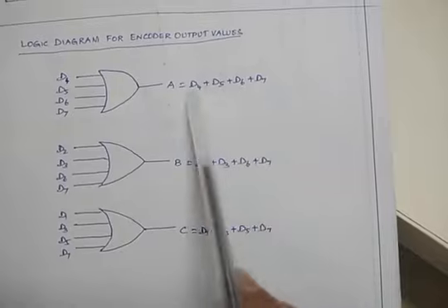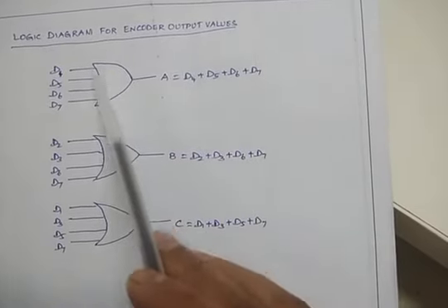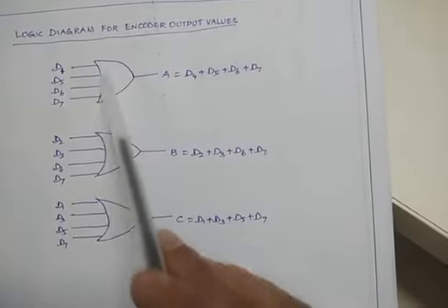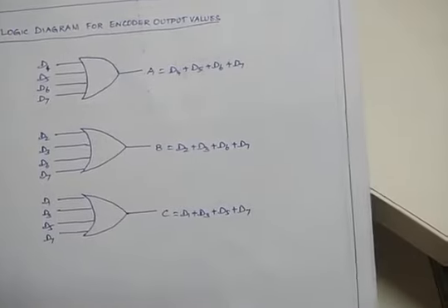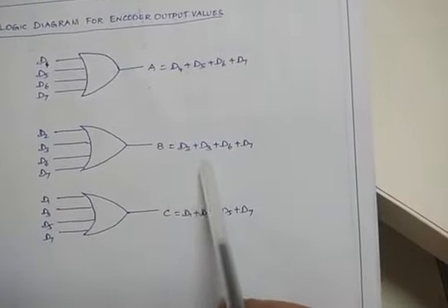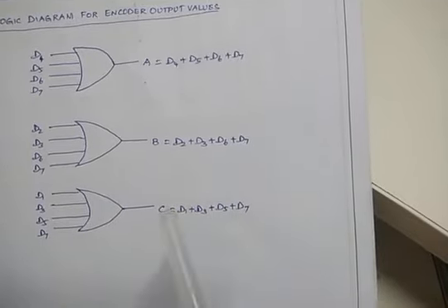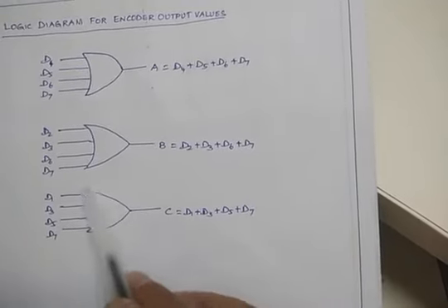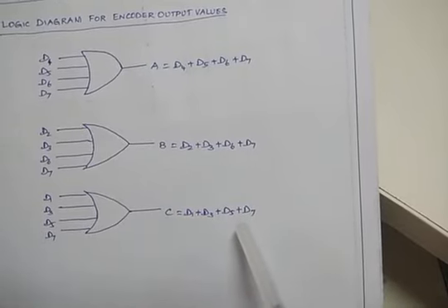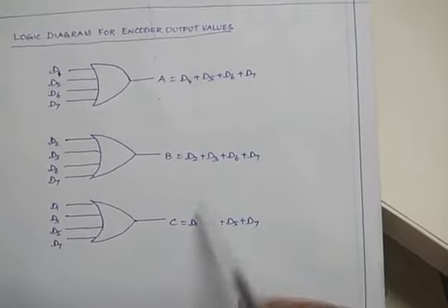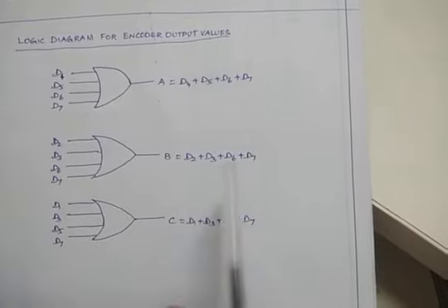In order to add all these inputs, what gate do we need to use? OR gate, right? Similarly here we use an OR gate to get B equals D2 plus D3 plus D6 plus D7. And here also I am using one OR gate to get D1 plus D3 plus D5 plus D7. So this is the logical diagram for the encoder.